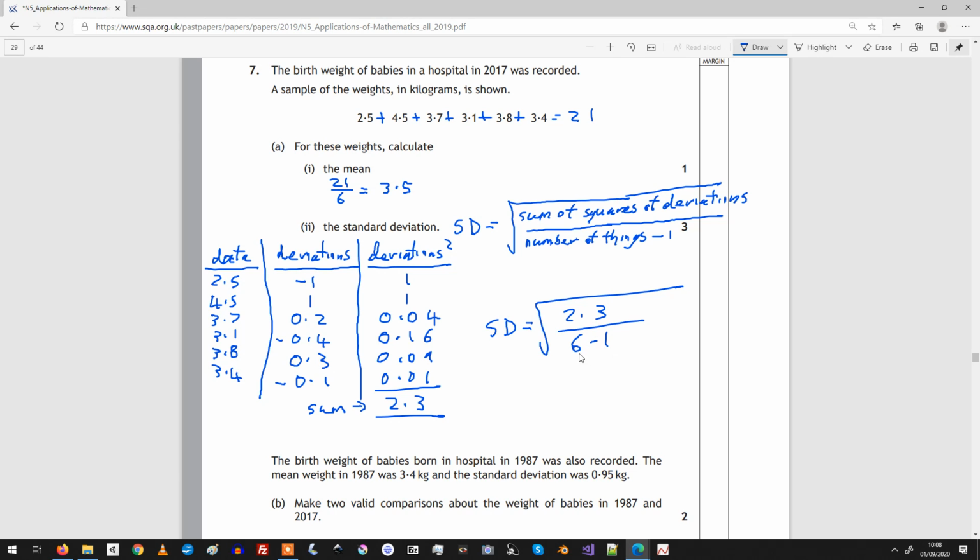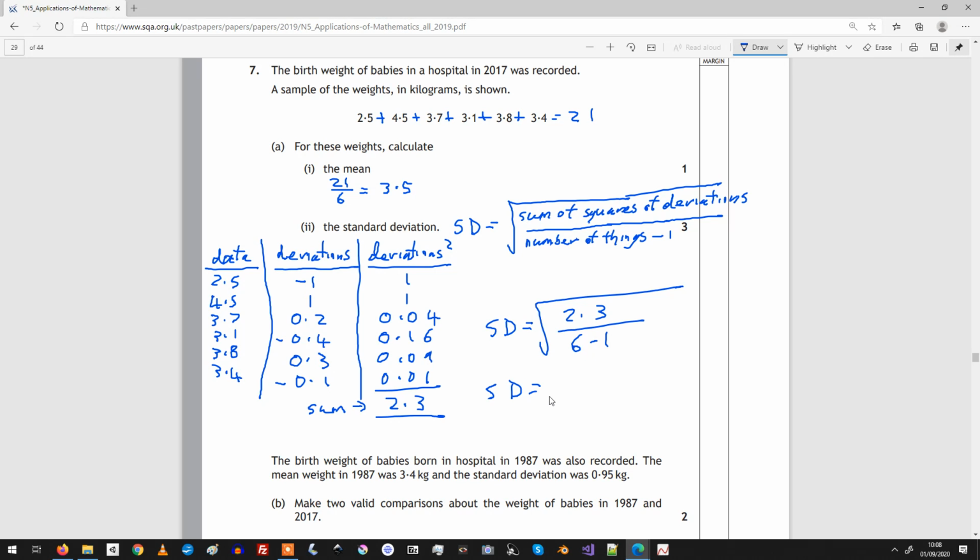So rather than just jump in with 5, I'm going to write 6 take away 1 there. And then I'll put that in the calculator. You can type in a square root symbol and then a fraction symbol, and then on the top put 2.3 and on the bottom put 6 take away 1.